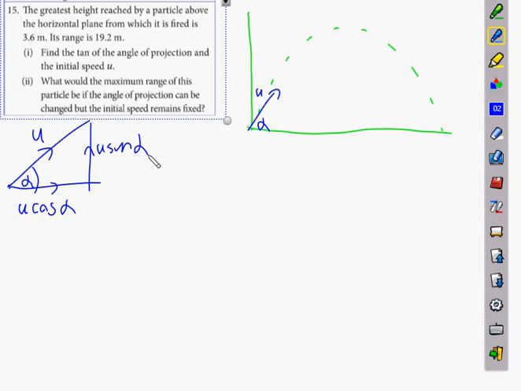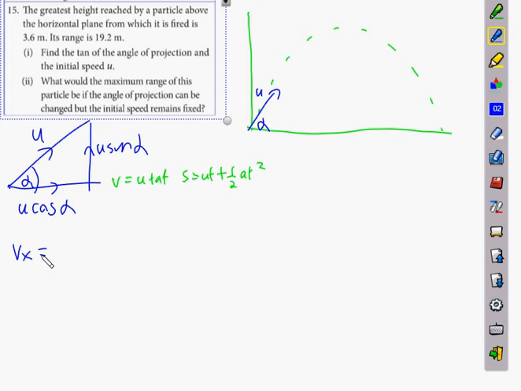Now you're going to construct your four equations using v equals u plus at, and s equals ut plus a half at squared. So what we're going to get here is Vx. What's the deal with Vx? It never changes in this question.